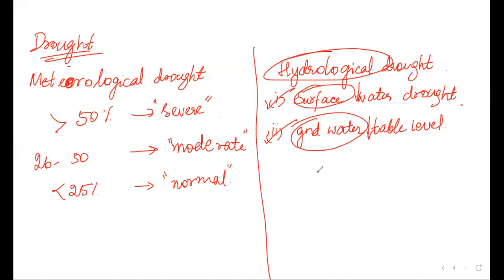The second reason can be excessive pumping of groundwater. The third important factor is ecologically hazardous mining activity. These three things can lead to hydrological droughts.